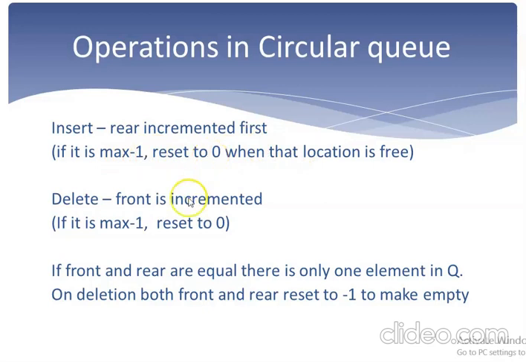So it has to be removed by traveling from max minus 1 then to 0. When we look into a figure following this slide, you will have no doubt about these operations.